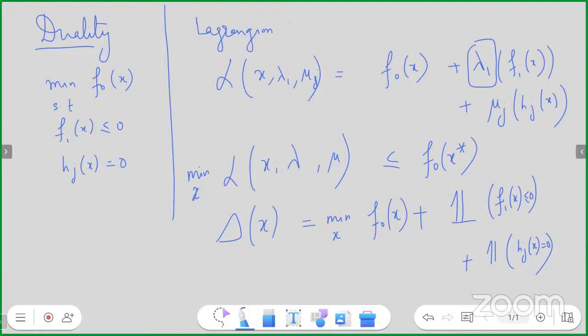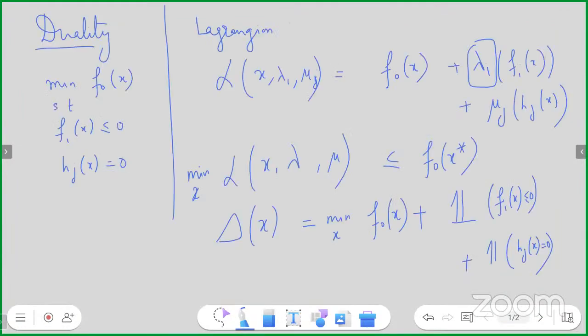If this function takes a value infinity whenever the constraint is not satisfied, that's never going to be picked up as long as there is at least one point for which the constraint can be satisfied. So as long as the set is feasible, or non-empty, you're going to get a bounded value. So this function should really be called an indicator.